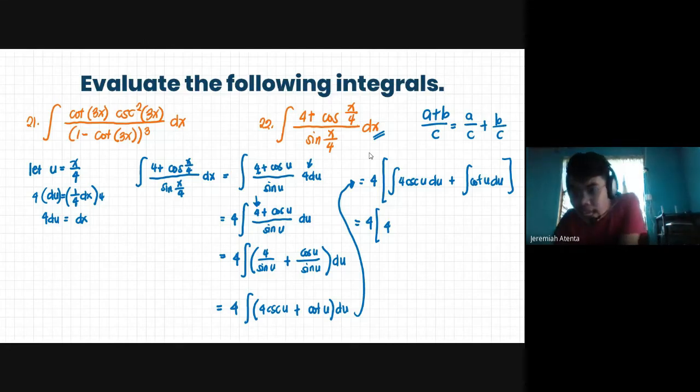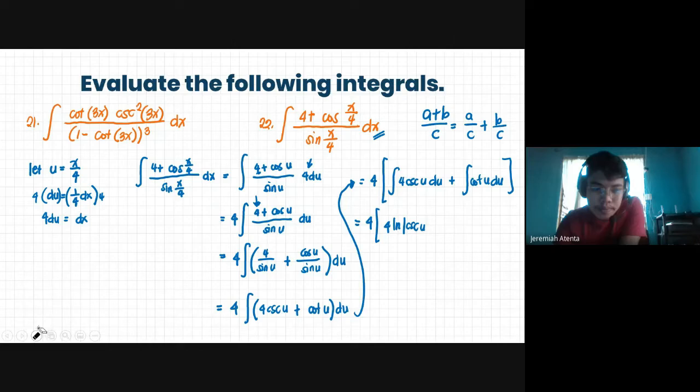That is ln of, okay, ln of, is it positive or negative? Positive. Okay, ln of the absolute value of cosecant u, minus cotangent u, plus the integral of cotangent.